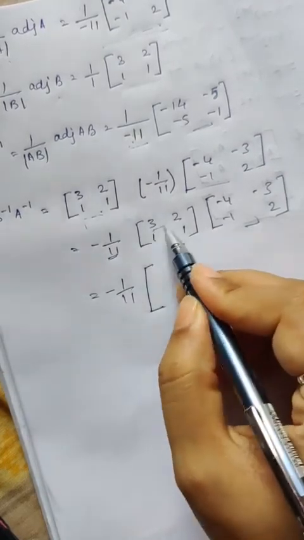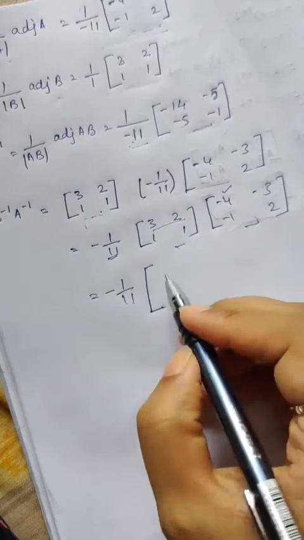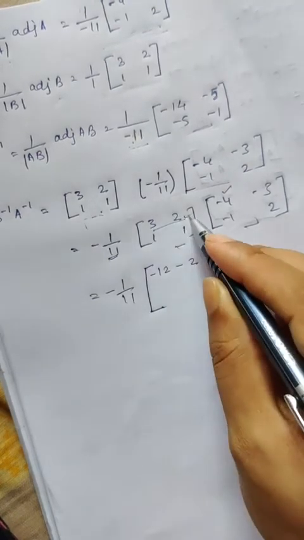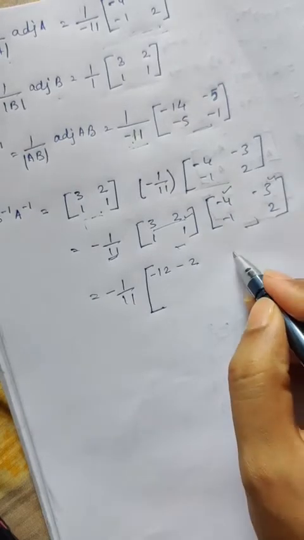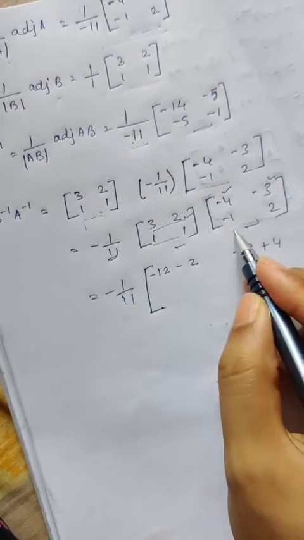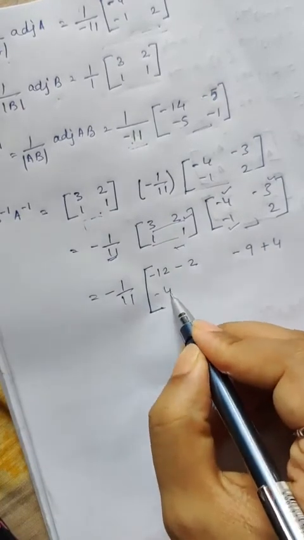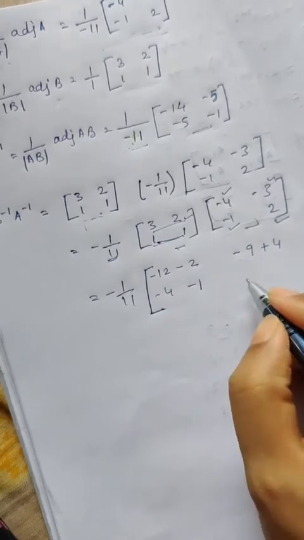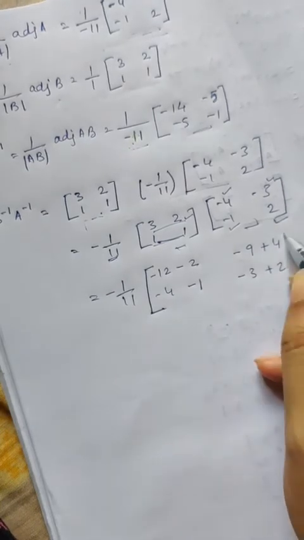So first row multiplied by the first column, -12 -2. First row multiplied by the second column, -9 plus 4. Second row, first column, -4 -1. Second row, second column, -3 plus 2.